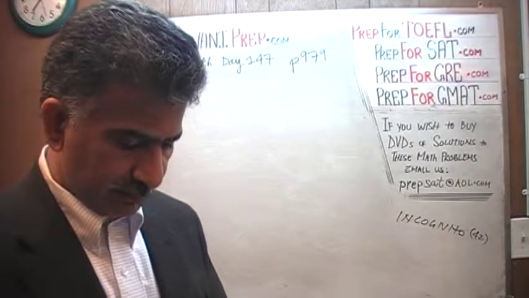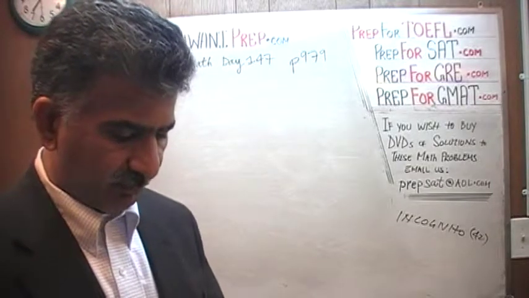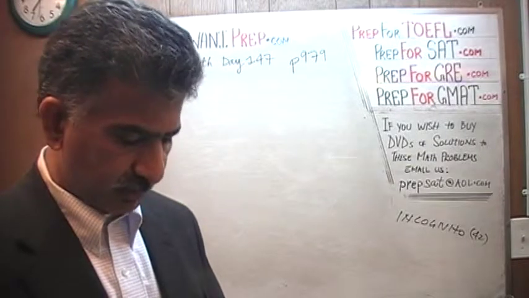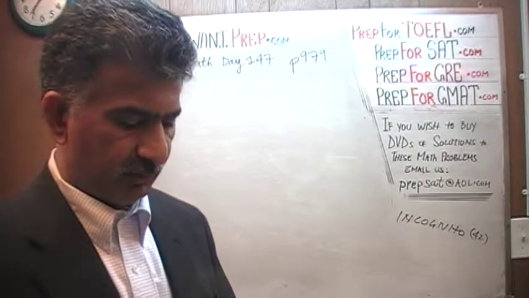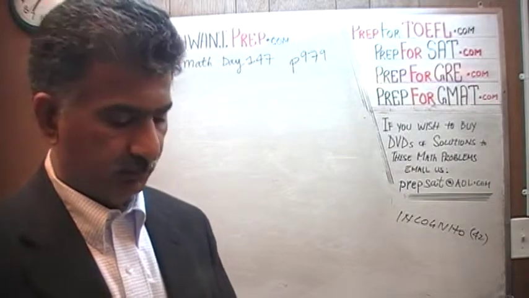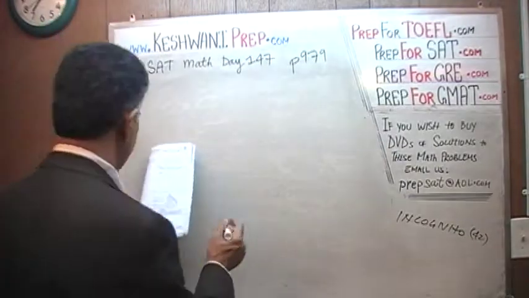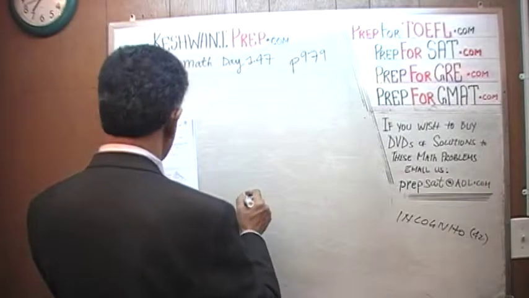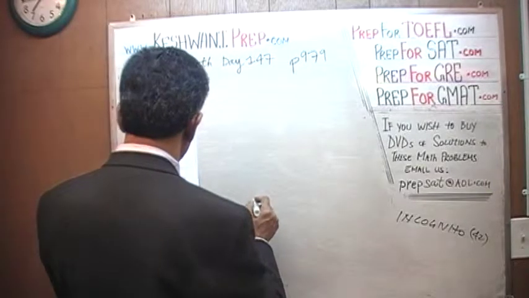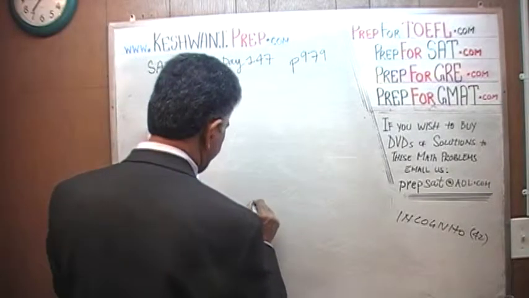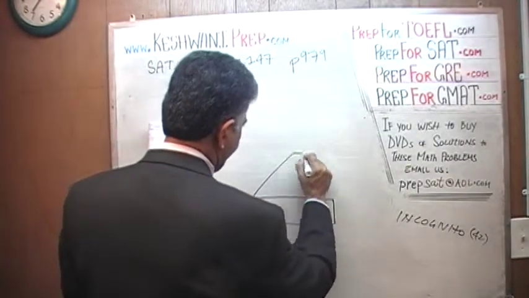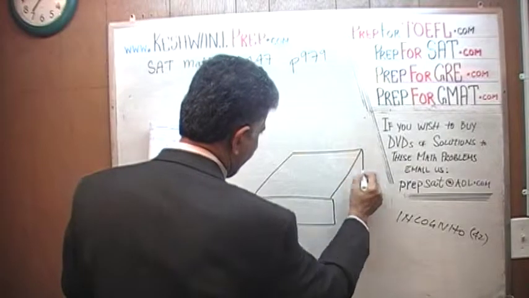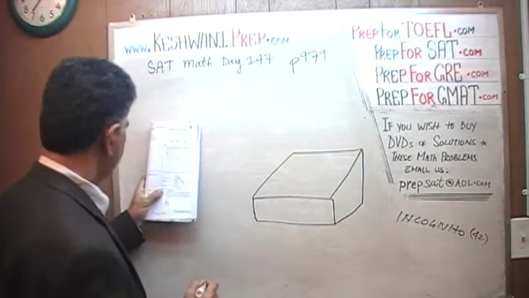Each layer is a rectangular solid that is 1 foot high and has a square base. So the base is a square. The question simply is, how many cubic feet of marble make up this pedestal? Well, let's find out, shall we? The very first one they give us, on the bottom, looks something like this.